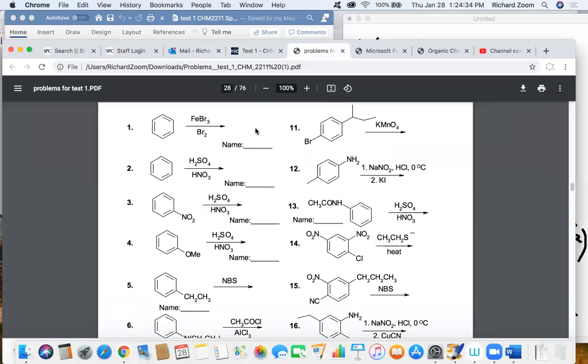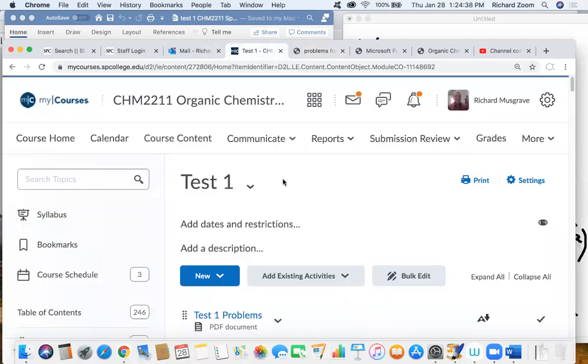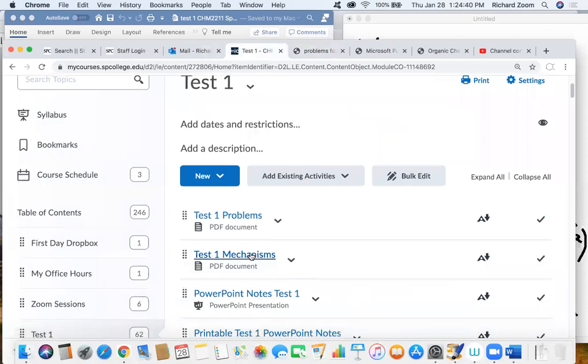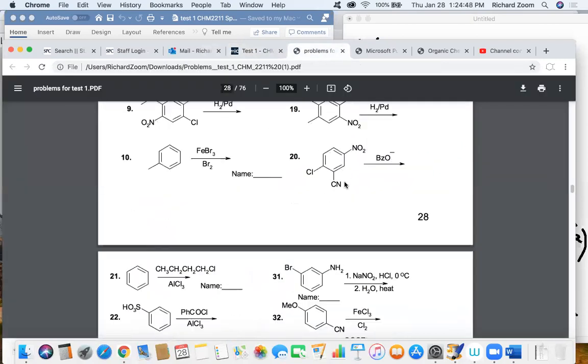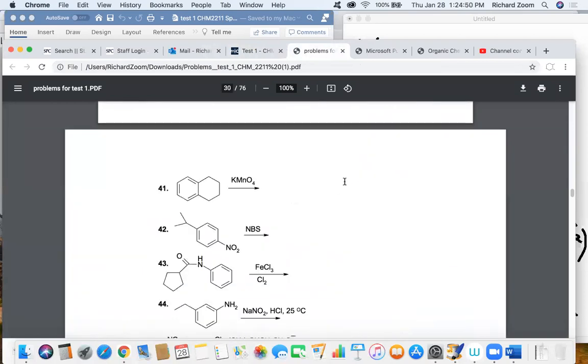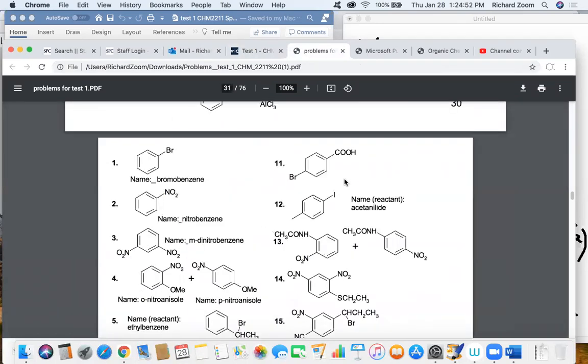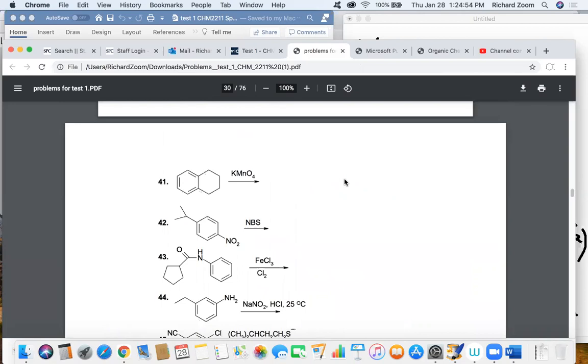You do each of these and you do the mechanisms, and then you compare the mechanisms against the mechanisms in the test 1 mechanisms file. That's how I do it. I would do each of these. How many are there? 50. Right, so there are 50 of them.